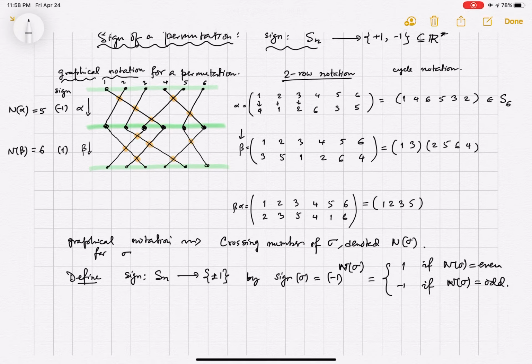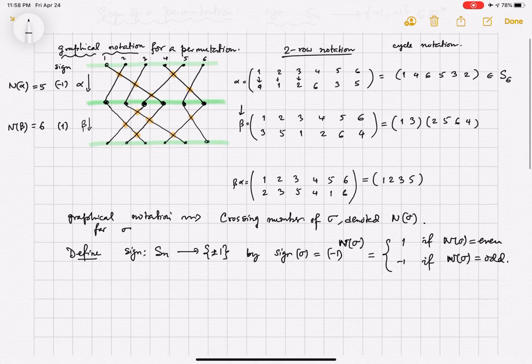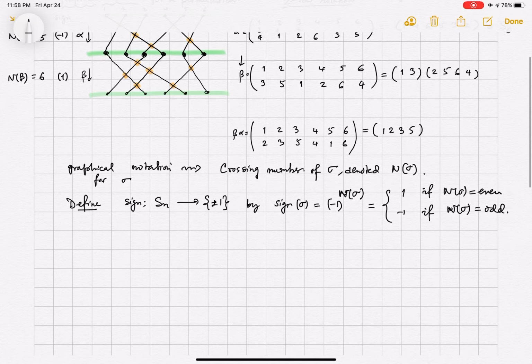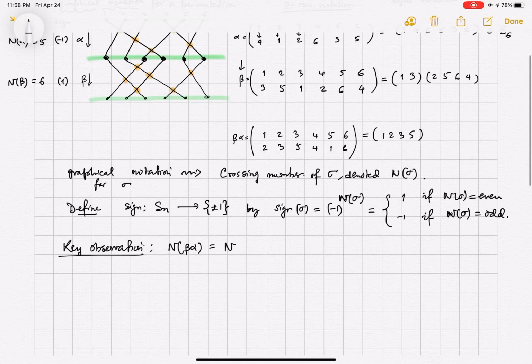And now what makes everything tick is this key observation: the number of crossings for the product beta alpha can be calculated in terms of the number of crossings of alpha and the number of crossings of beta, and then there's a difference which is always an even number.